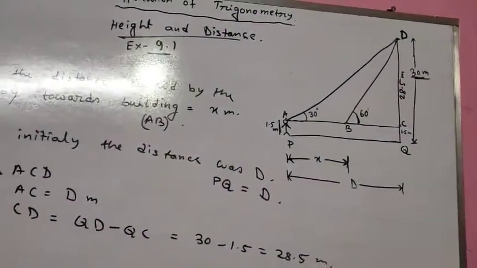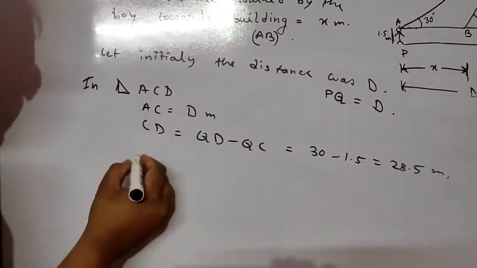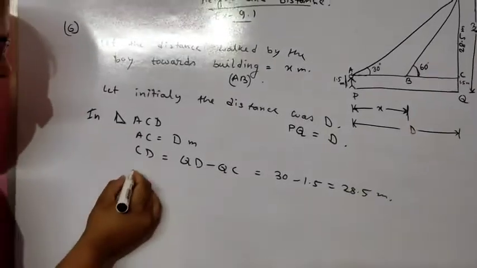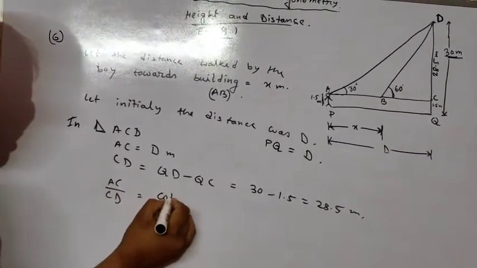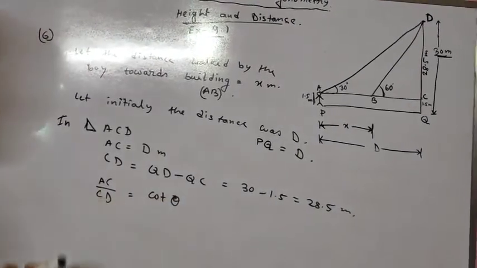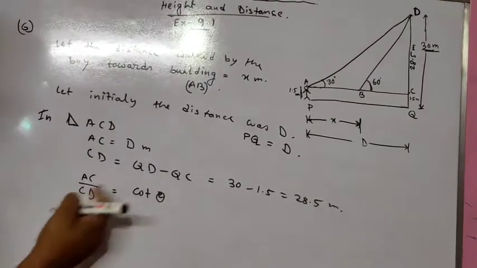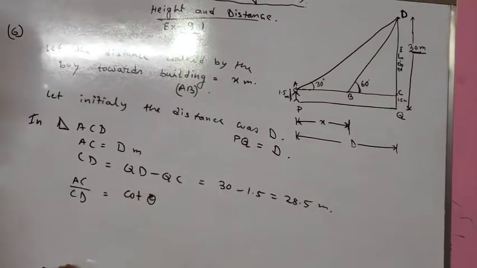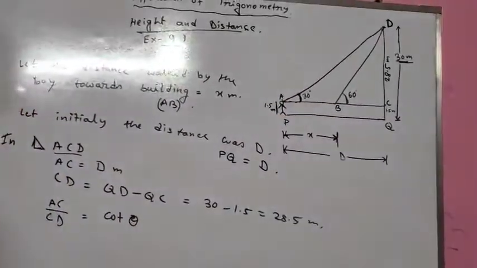So in this triangle these two sides are given to you, and you can find the ratio of them. AC by CD equals cot theta, isn't it? AC is the base and CD is the height, so AC by CD gives cot theta. And what is the value of theta in this case? In the case of ACD, theta is 30 degree.